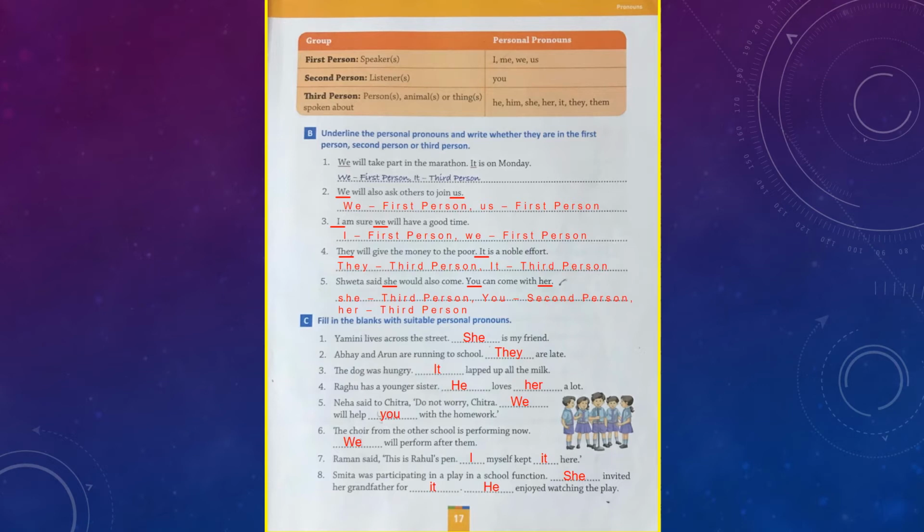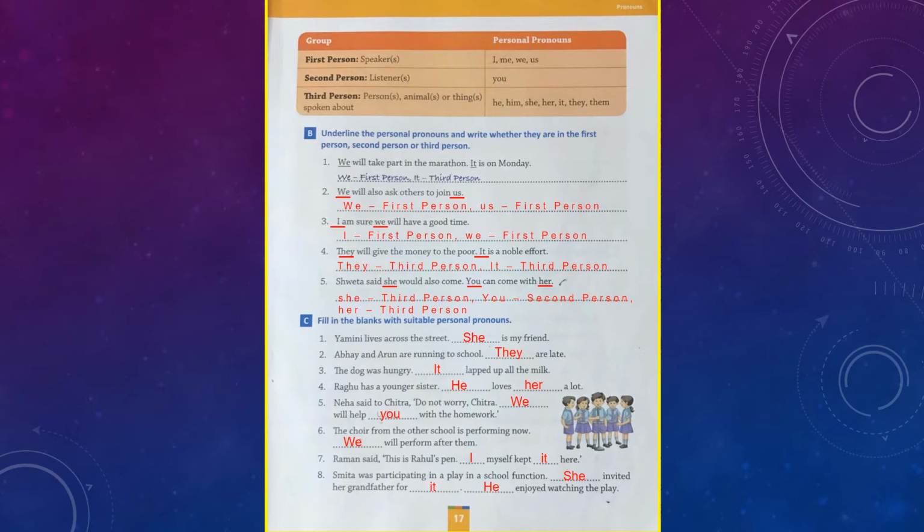Sentence number 2. We will also ask others to join us. In this sentence, you have two pronouns, we and us. So we is a first person pronoun and us is also a first person pronoun.